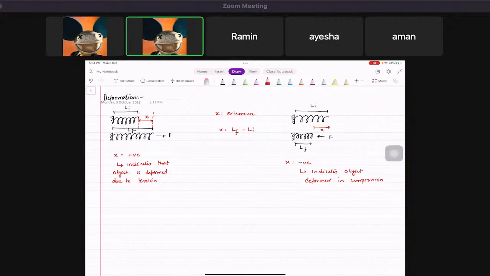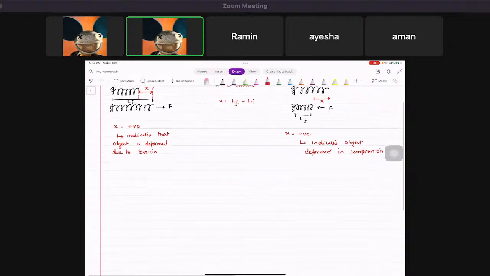Now let's look at what exactly I mean by tension force and compression force.